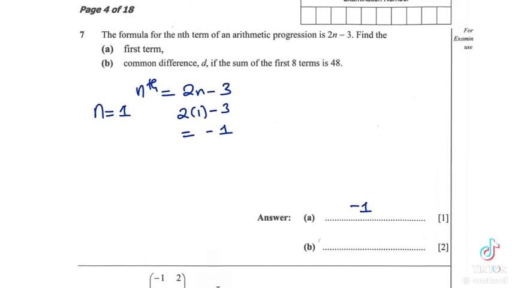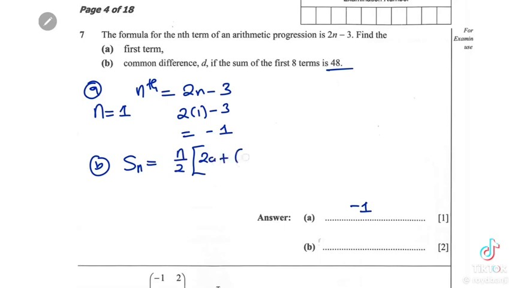Okay, then the second question, which is B, common difference if the sum of the first 8 terms is 48. So, common difference and the sum, what is the relationship that is there? In order to find the sum of the nth term in the AP, you say sum of nth term is equals to n over 2, then 2a plus n minus 1, then multiply d.